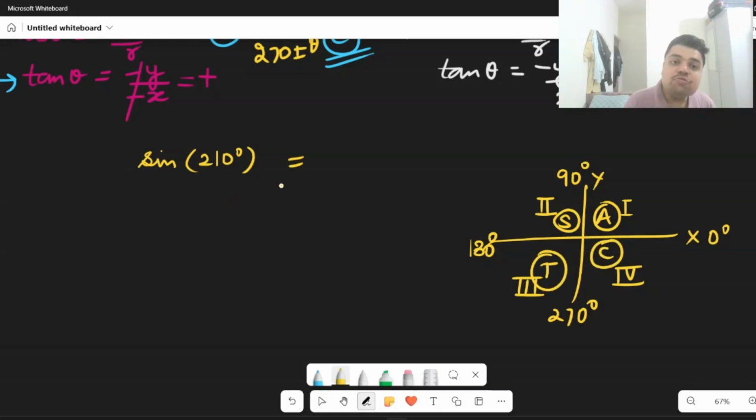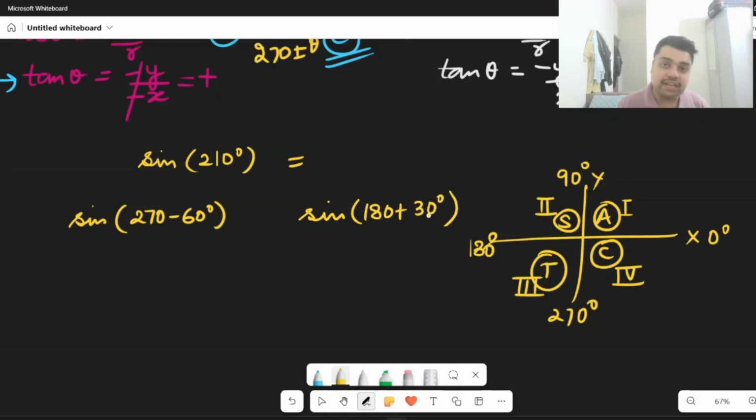Now let's see 210. With the reference of these reference points, can I say this is nothing but sine of 270 minus 60 degree? Someone will say, why, sir? Why can't we just write sine of 180 plus 30 degree? That is also true. Very good. Correct. Absolutely. So now let's see one by one. When I talk about sine of 270 plus or minus theta, I told you we are comparing with the vertical line, meaning the y-axis.